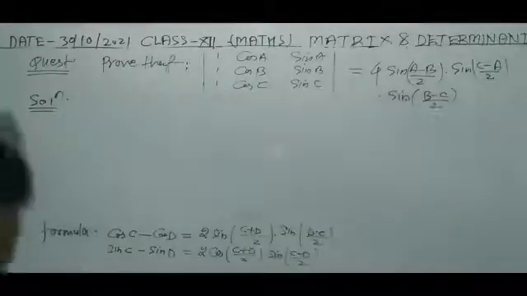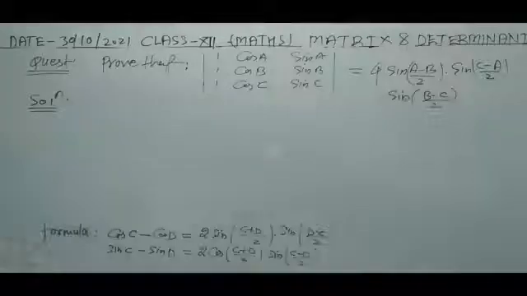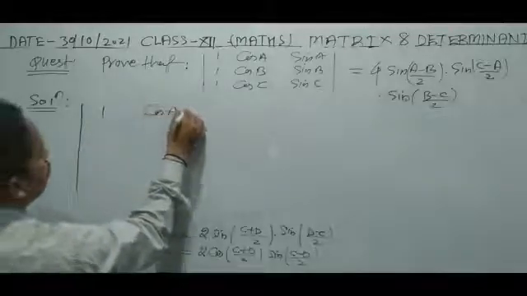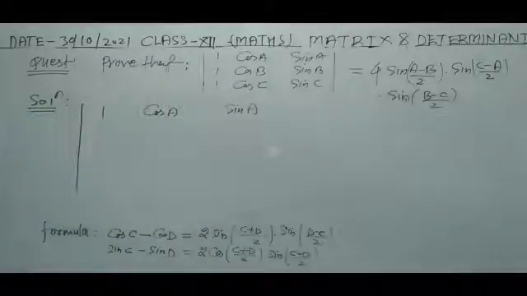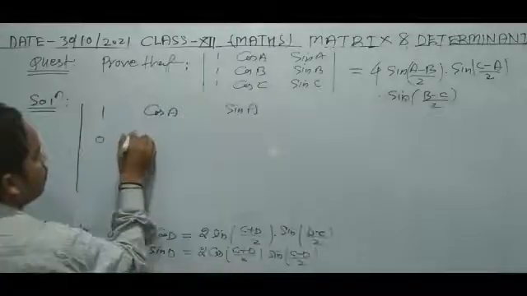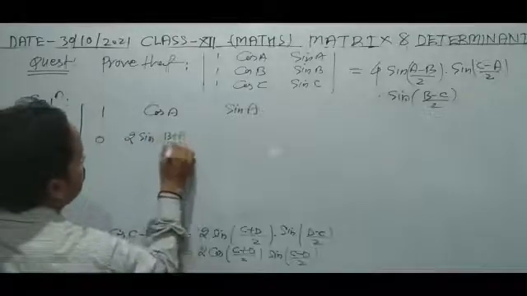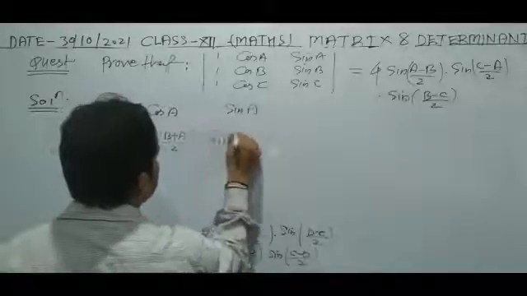Now what will be the result? First of all, R1 will be copied here: 1, cos A, sin A. And here you will use the formula for cos B minus cos A, so the result is 0, then 2 sin of (B plus A) by 2 into sin of (A minus B) by 2.